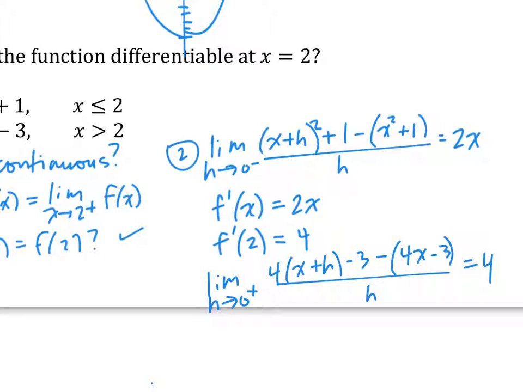So the slope is just 4 everywhere, so f prime of 2 is also 4. So the question is, is it differentiable? Yes. First, it's continuous. It's connected. Second, the left-hand side slope at that point is 4, and the right-hand side slope is 4. It doesn't really matter what the rest of the graph looks like, but at that point they connect and have the same slope. It's differentiable.